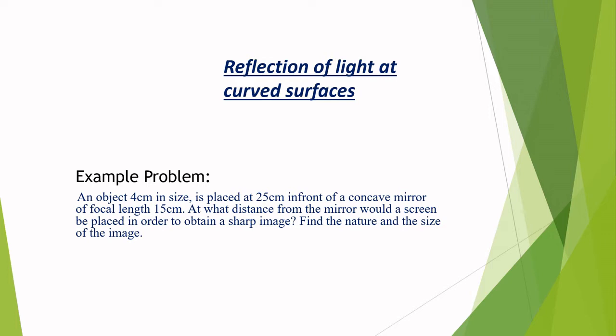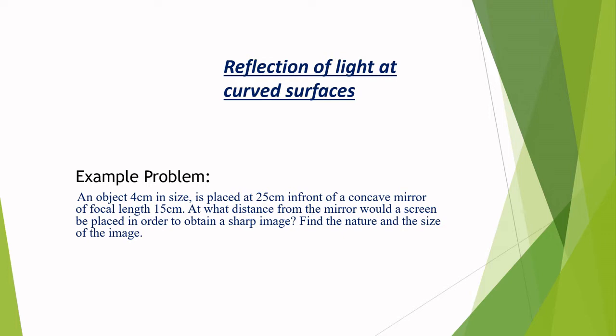So here object size is given, object distance is also mentioned, and focal length is also given. We have to find the image distance because the question asks at what distance from the mirror a screen should be placed to obtain a sharp image.